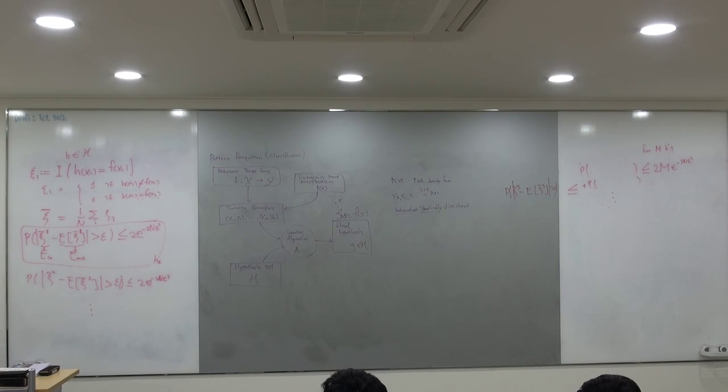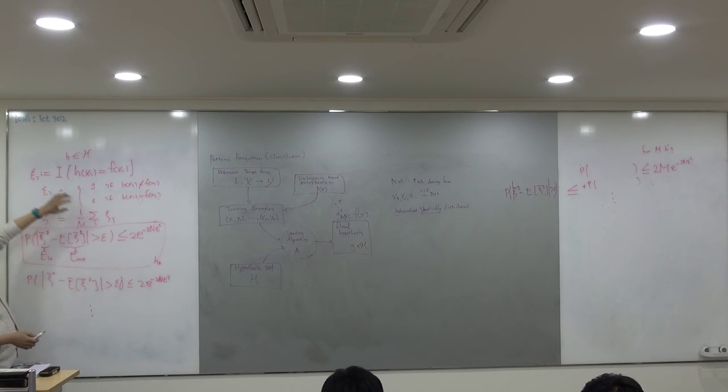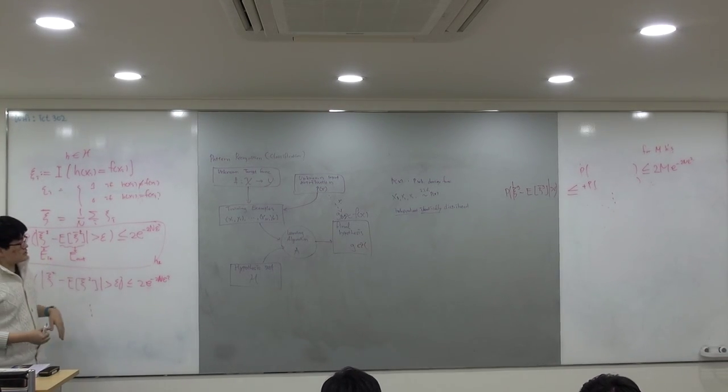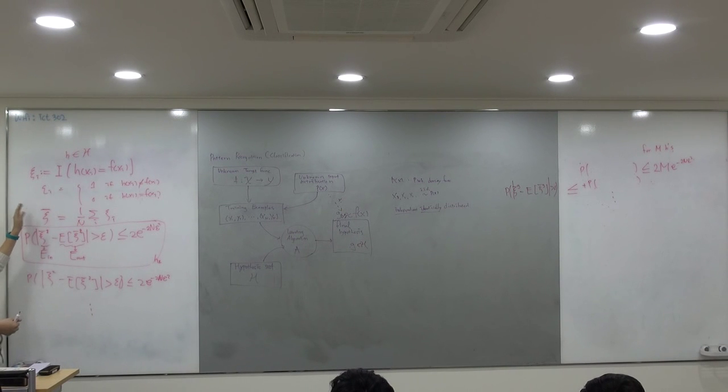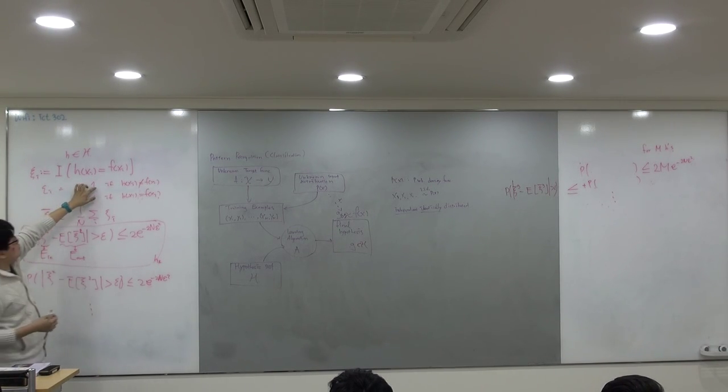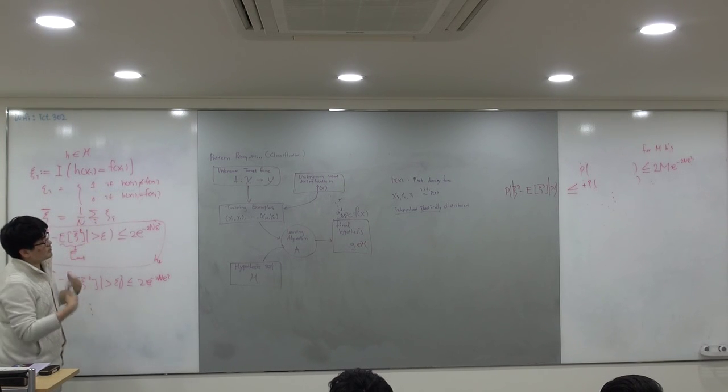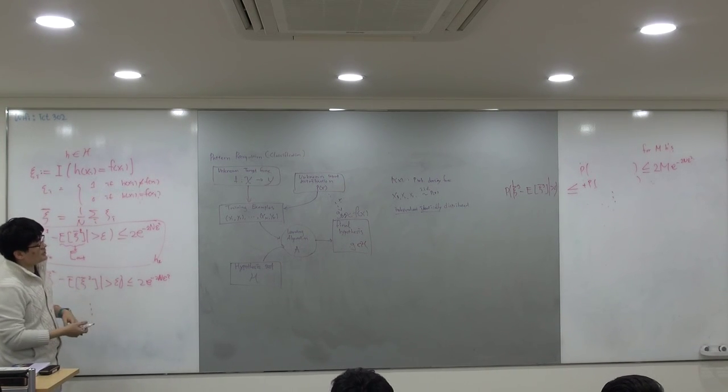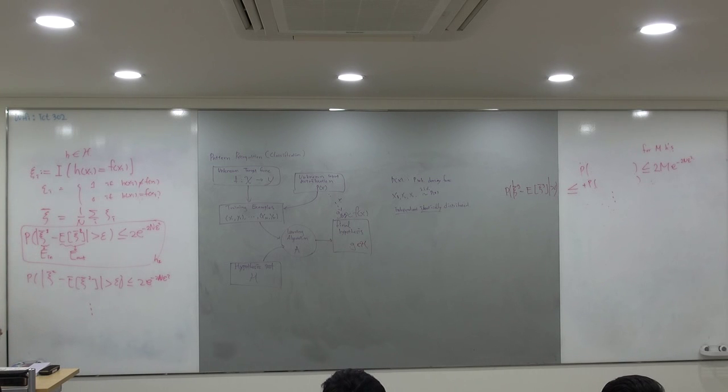So I'm just going to repeat this again. Psi is just a random variable. It's related to the classification problem, but you can think of this one as just a random variable. This value is between 0 and 1, and it's independent because the x_i's are generated from an independent and identically distributed distribution.